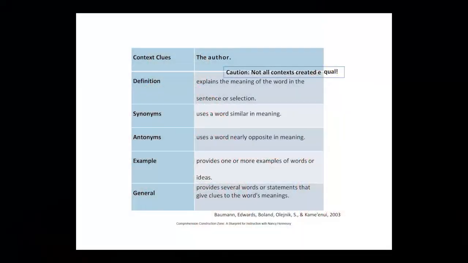Okay. And then this is just another chart. I've included a lot of infographics and charts for you with instructional techniques. This comes out of Bauman and colleagues' work, a lot of work with middle school students. In terms of, you know, when you ask kids to use context, you have to be really careful about whether or not the context is meaningful.